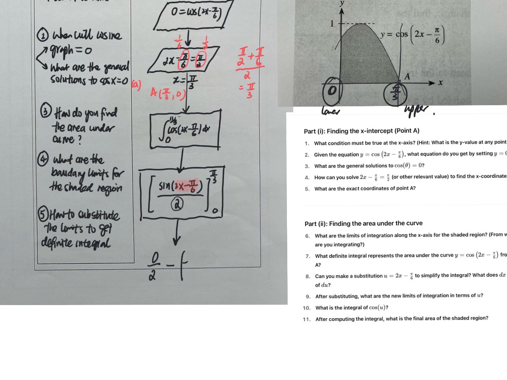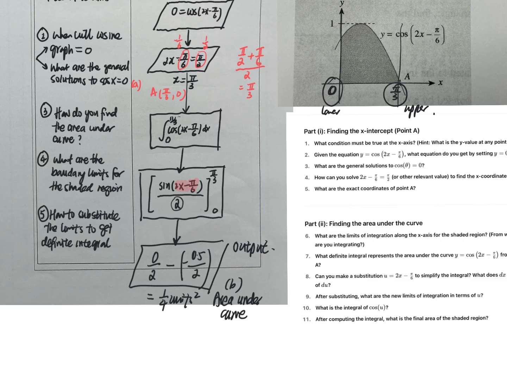Negative half. Okay, you just key in the pi over 3 into the fraction, then this is what you get. Your answer would be, this is the output, 1 over 4 unit square for area under curve. This is your part B's answer. So this is your output.